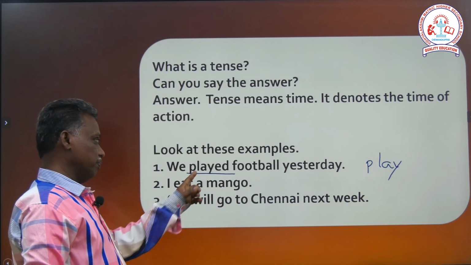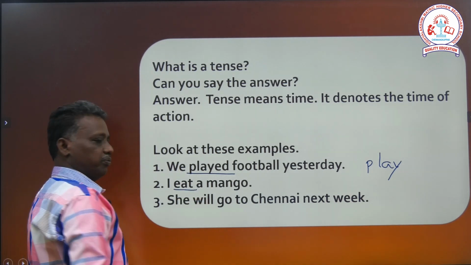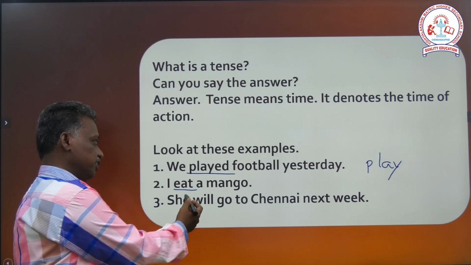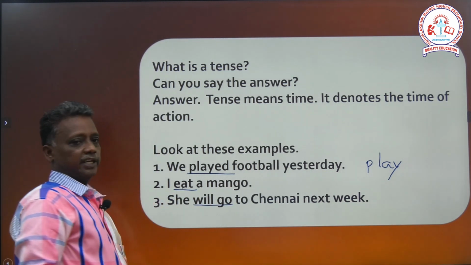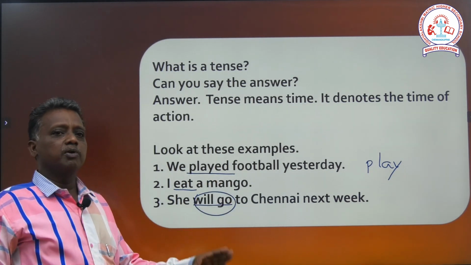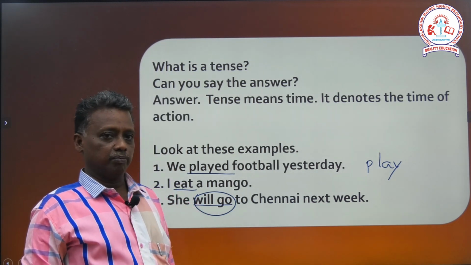The past tense is played. So it is in the simple past tense. I eat a mango. It is a present tense. Eat is the present tense, so this sentence is in present tense. She will go to Chennai next week. So will go is the future tense. So we are able to find out the tenses, whether it is present or past or future.